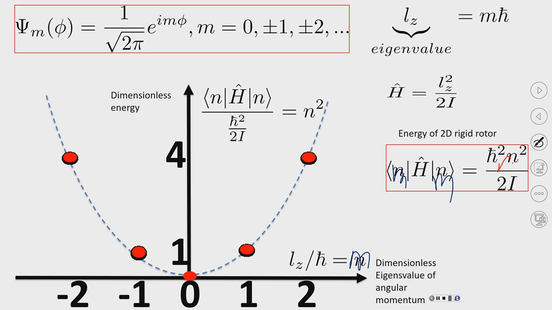So if you do it this way, we will find that for this index of rotation, for this quantum state or solution M, the energy will be h bar squared, m squared over 2I, very similar to particle in the box. Okay? So the energy will be the square of this parameter.